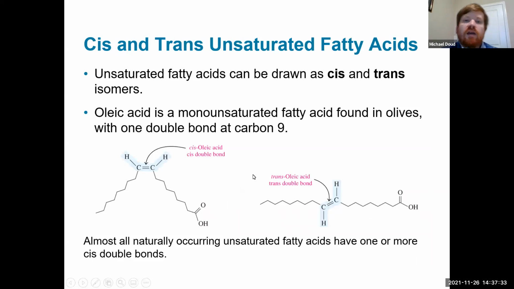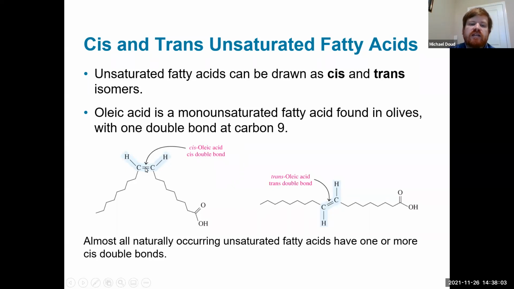Okay, so beyond that, we also have to consider the stereochemistry of the double bonds. Remember, double bonds can be cis or they can be trans, right? Cis would be where both of the carbon groups are on the same side of the double bond, or it could be trans, where they're on opposite sides of the double bond. Naturally occurring unsaturated fatty acids have at least one cis double bond, almost all of them.